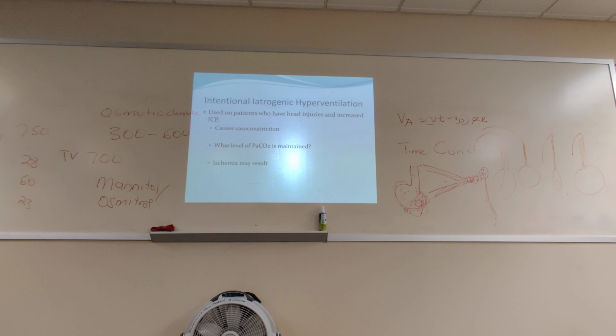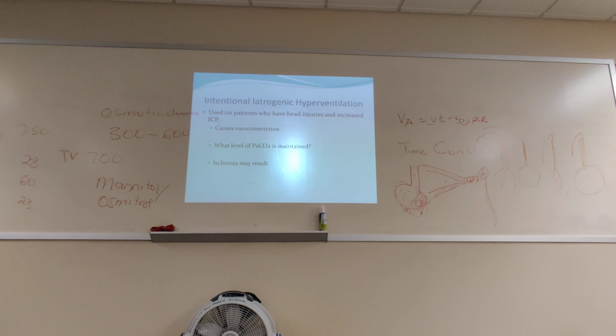So the problem with that, though, is if you lower your CO2 to constrict the cerebral blood vessels, then not only would you have a reduction in blood flow, you will have a reduction in the amount of oxygen going to the brain. The brain needs a lot of oxygen.